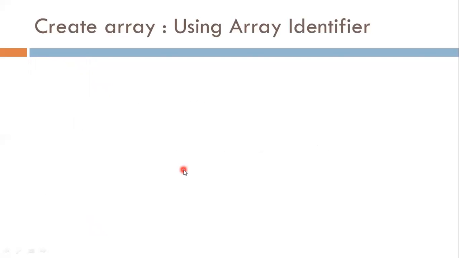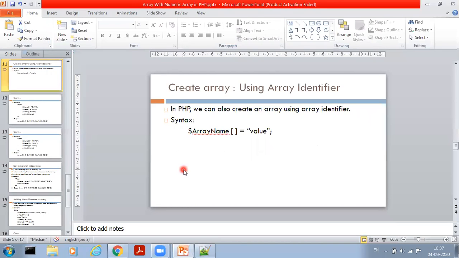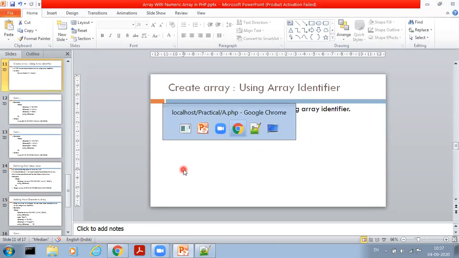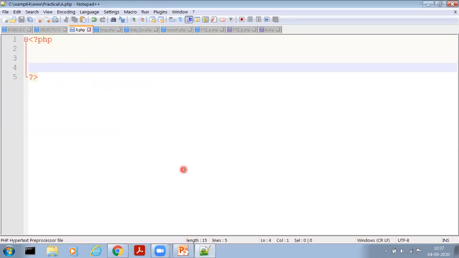Now we first perform the practical, which creates an array using array function. So first of all, open a notepad, and here write a PHP script using less than question mark php and at last question mark and greater than sign.